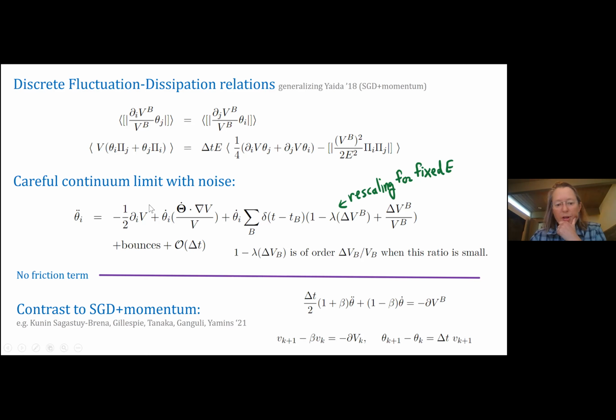In our case, there's not. There's this more elaborate term where you might have expected a friction term, and we take into account what happens at the different batches with the jumping around of the data input. So you see the difference.